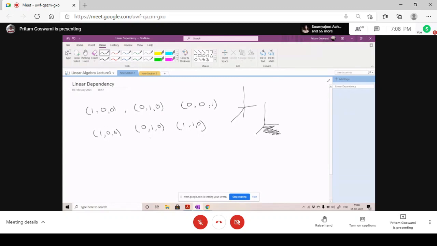What is the difference here? Look, in the first set, if you choose any pair of two vectors, you will see that the third vector does not belong to the span of these two vectors, right?